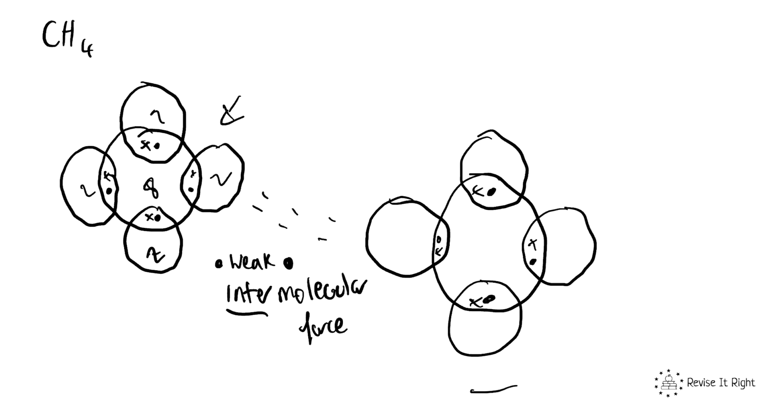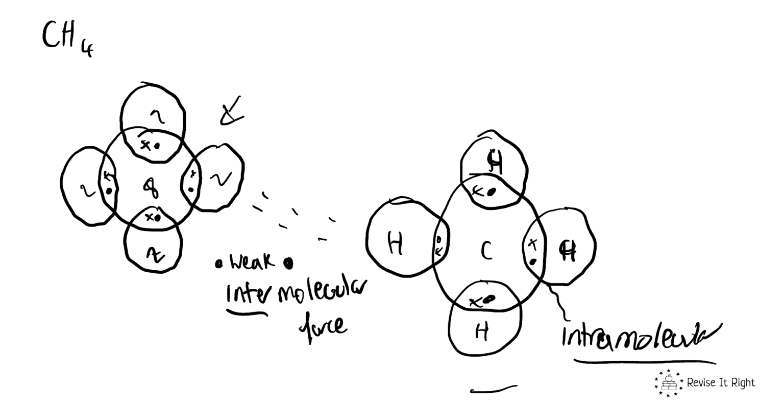Now do not confuse that with the force of attraction between the hydrogen and the carbon. We call these intramolecular forces, and these are the forces that hold the carbon and the hydrogen together. These are really strong.